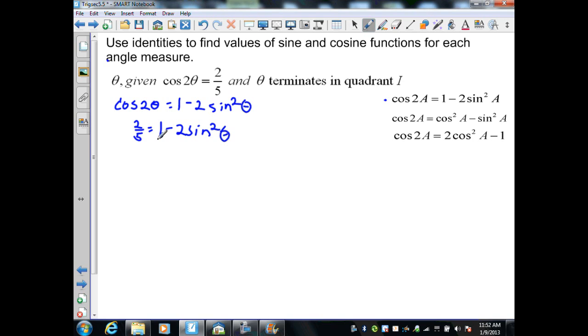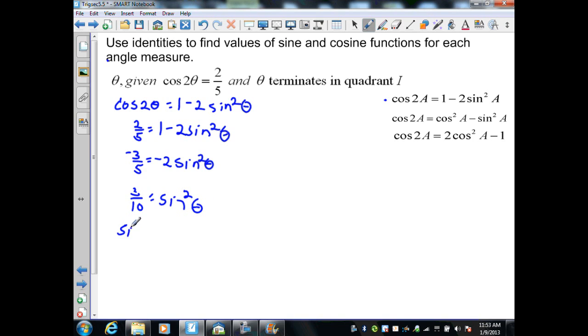When I do, that's going to give me 2/5 minus 1, or 5/5, which is a negative 3/5 equals a negative 2 sine squared theta. I can divide by a negative 2. That's going to give me a positive 3/10 equals sine squared theta.